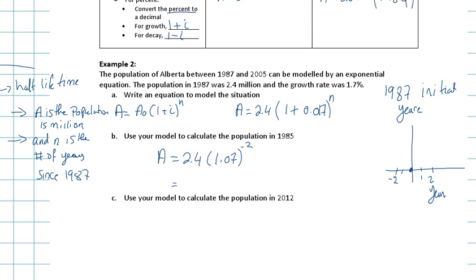Is that what you got? Remember, you need to include the very first statement. Okay, good. So therefore the population in 1985 was 2.096 million.